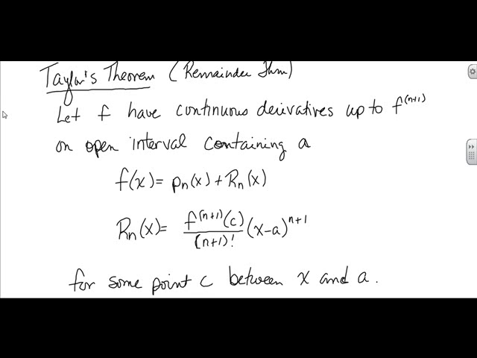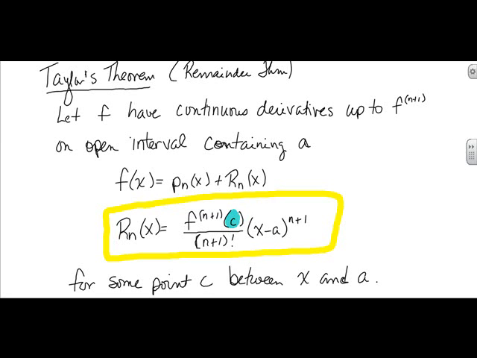Our function, the exact value for f of x, is the sum of the polynomial approximation P_n of x plus the remainder. And the remainder is going to be equal to the n plus 1 derivative evaluated at c, and we'll talk about what that is in just a second, divided by n plus 1 factorial.